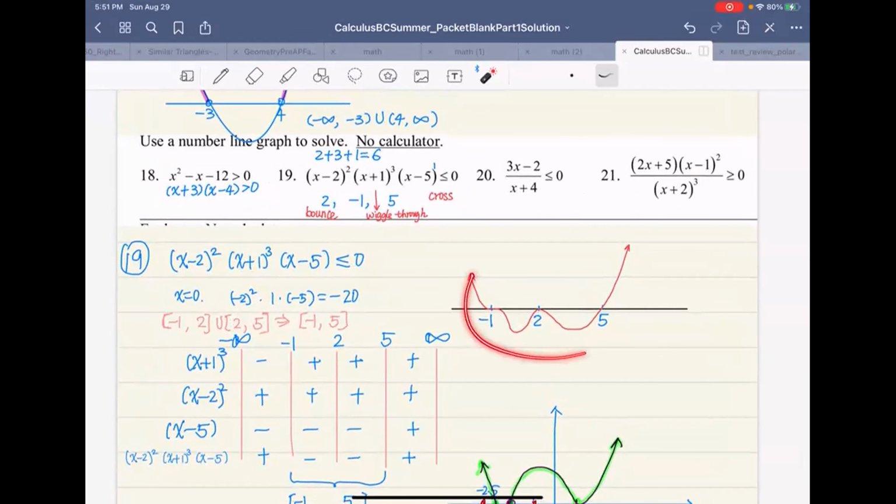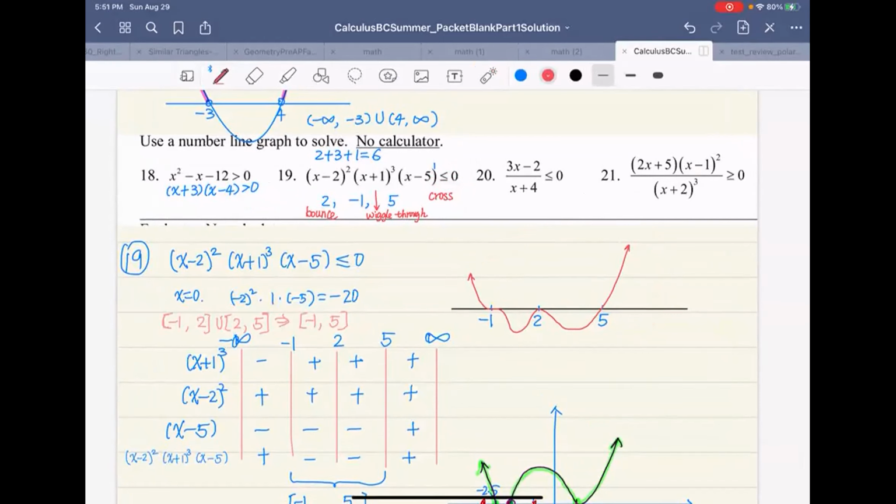Now we have the basic trend. We are looking for less than or equal to 0, correct? Because of equal, that means those points can be included, right?